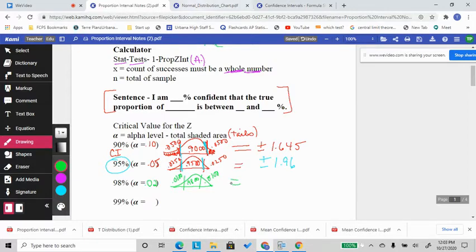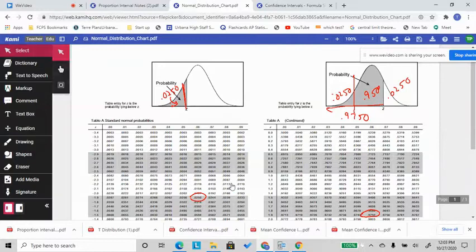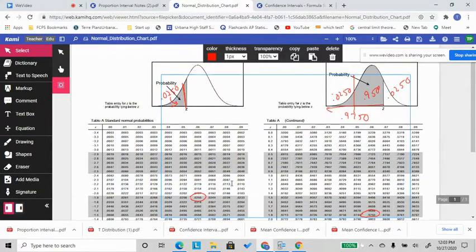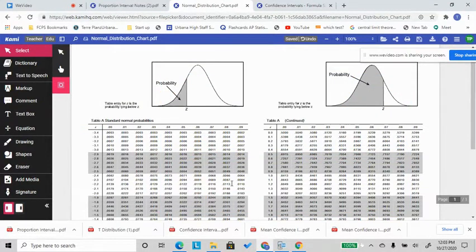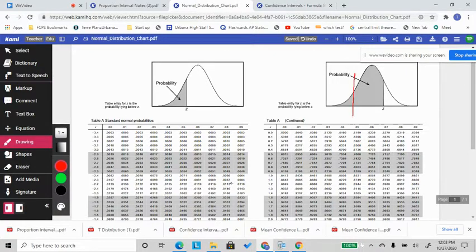Okay, so if we go to the normal distribution chart and clear this out, and I say this is 98, yep, and that would be 100.